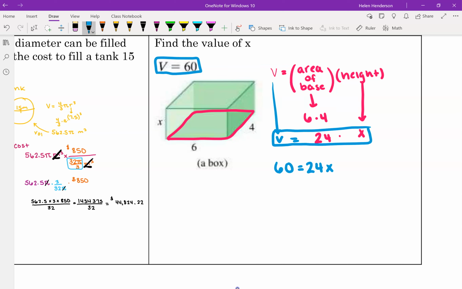So since those are both volume, we'll set them equal to each other. Now to get x alone, we have to divide by 24. So x equals 60 divided by 24. If it comes out to an ugly number, then we'll keep it as a fraction. But it came out to a beautiful number, 2.5. So the value of x is 2.5.